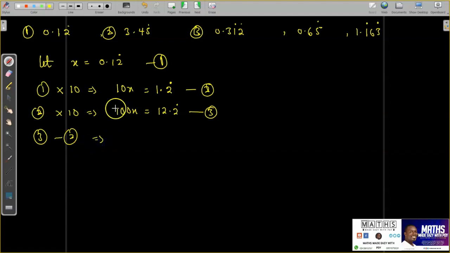What are we obtaining from there? 100x minus 10x will give us 90x, equal to 12.2 recurring minus 1.2 recurring. What will be left? 11. So we divide both sides by 90, and hence we end up getting x equal to 11 on 90.